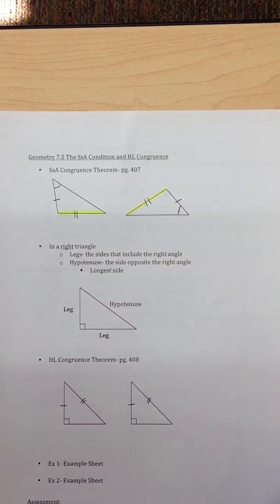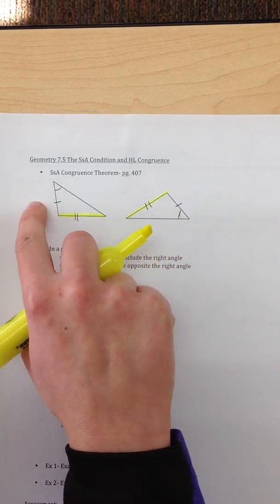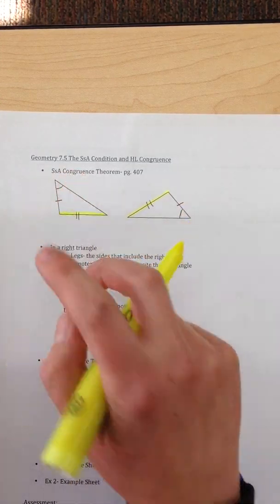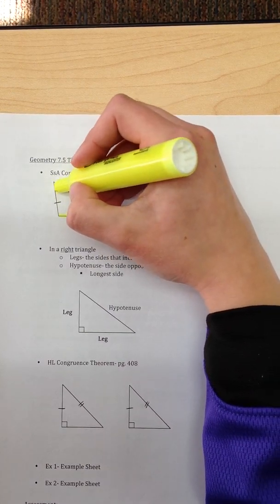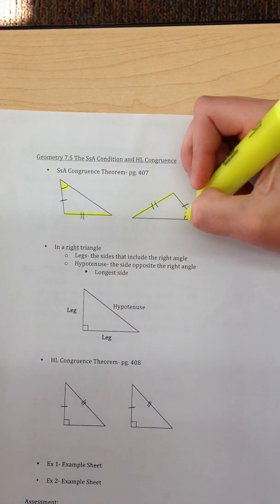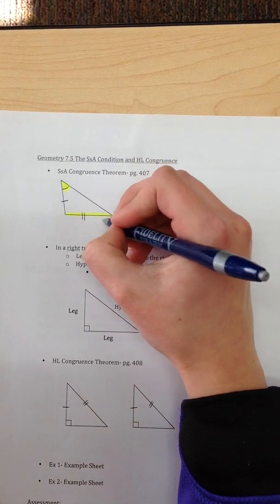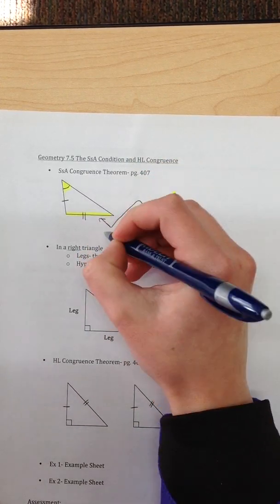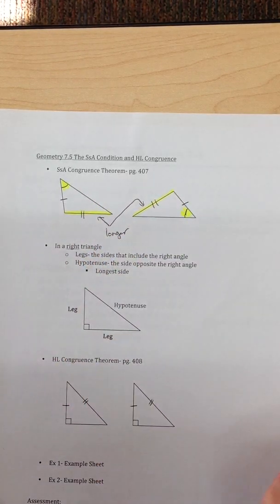If those sides are the longer of the two sides that they give, so like this side is bigger than this side and this side is bigger than this side, then we can use this, okay? And your longer one has to be opposite your bigger angle, so that also has to deal with those angles there. So I'll write in here that those ones I highlighted, that one and that one, have to be longer than the other sides that they give us, okay?